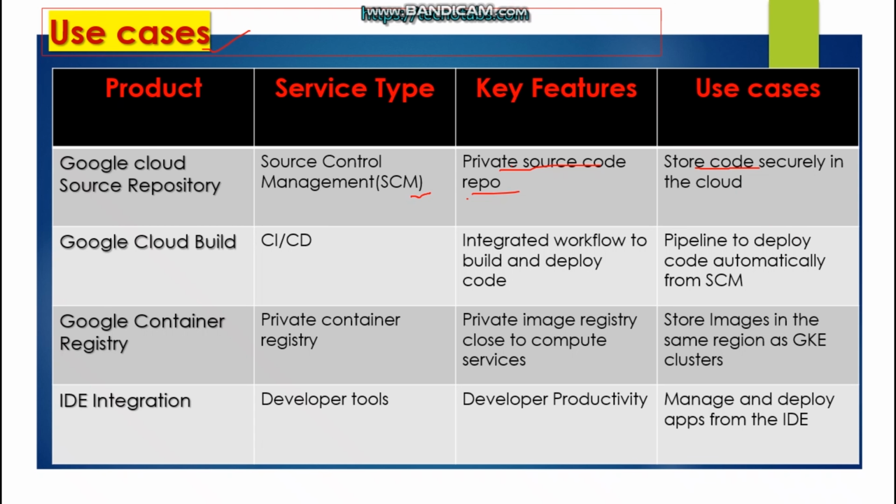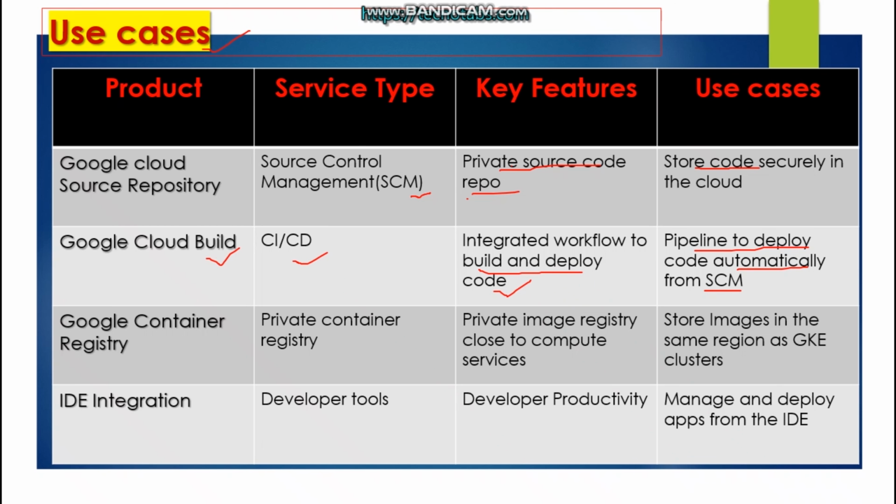The next is Google Cloud Build, that is basically used for building and deploying your code. It's similar to Jenkins, where you provide your source code and it will perform all the deployment activity. So it's a pipeline to deploy code automatically from source code. Okay, and we call it CI/CD, continuous integration and continuous deployment.